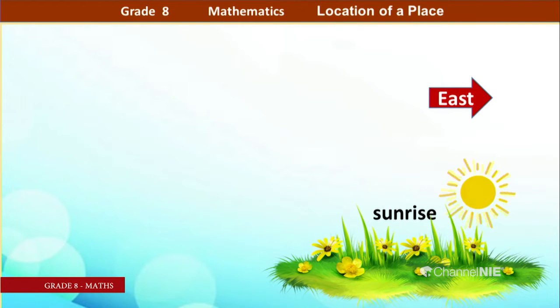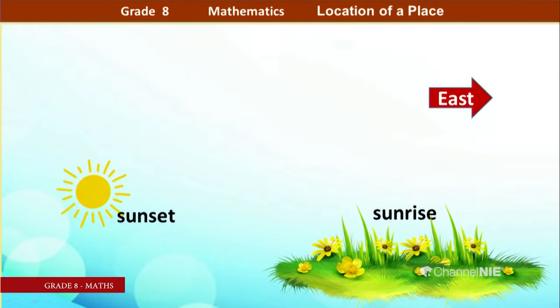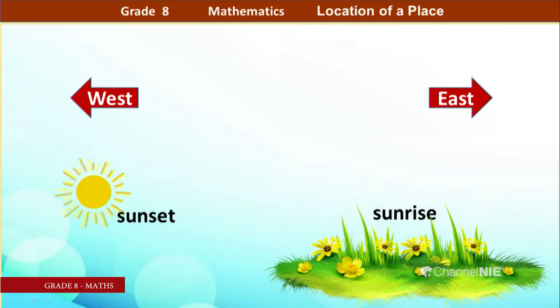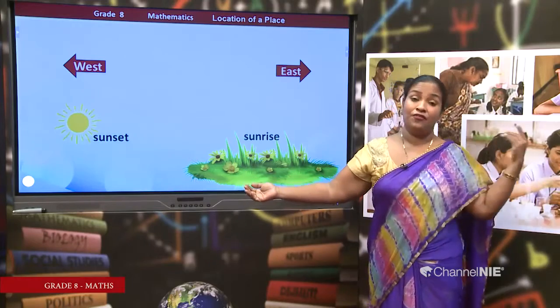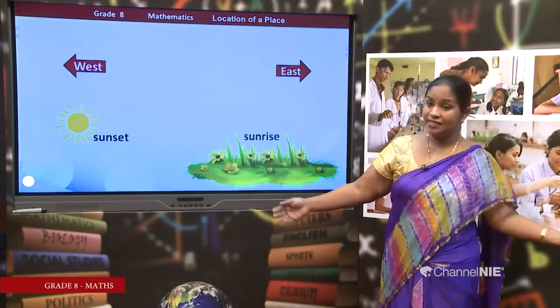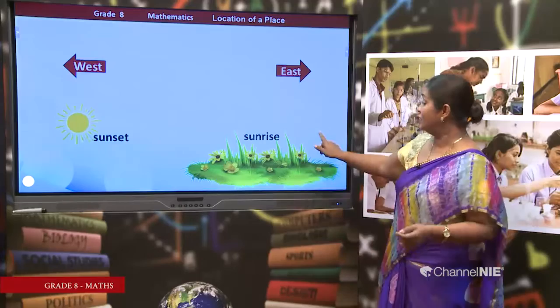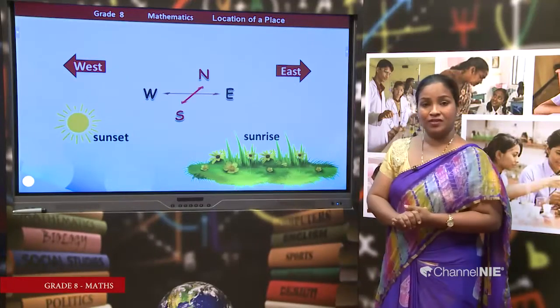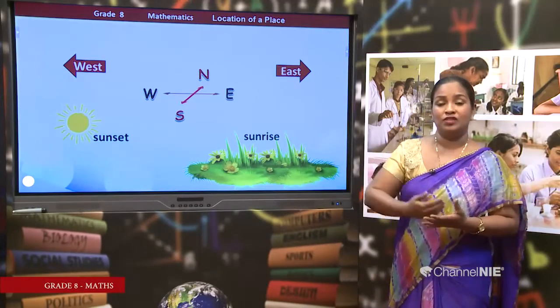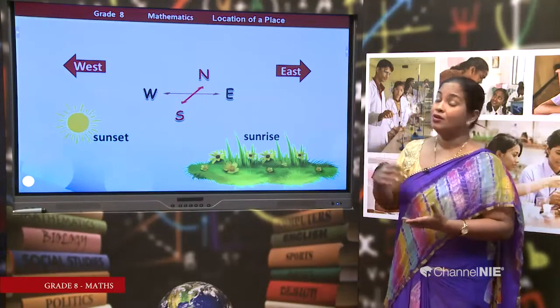Then what happens? The sun sets in the west. So, easily you can define east and west. If your right hand side is to the west and your left hand side is to the east, you are facing the south direction. So, you face the south direction, and your back side is to the north.